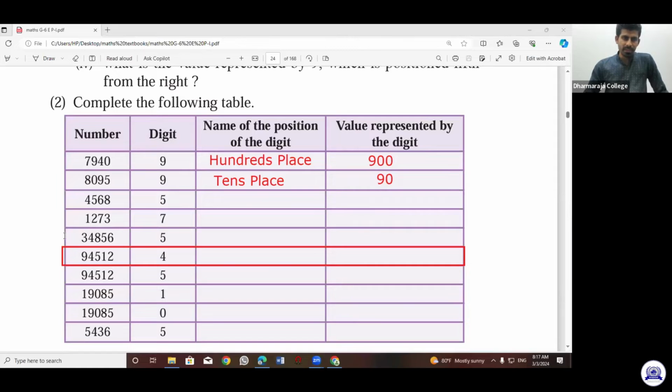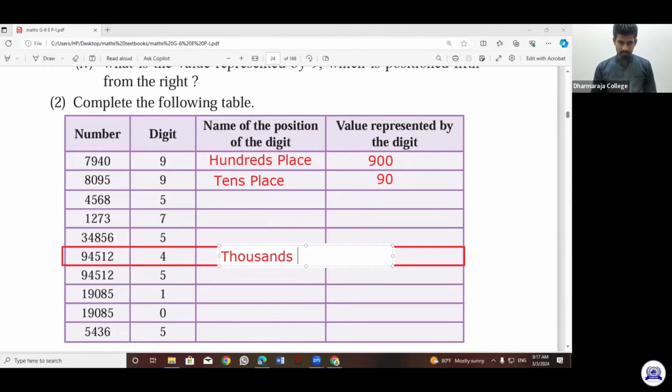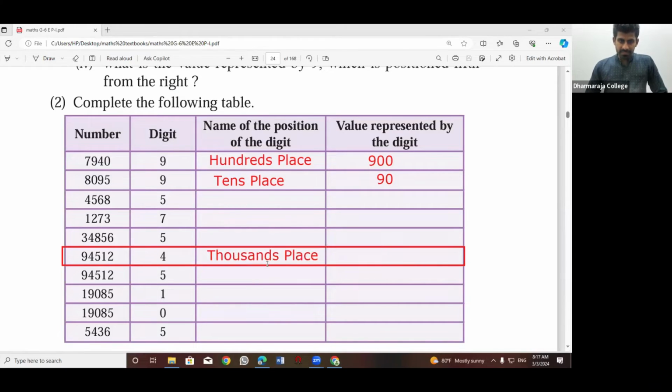Right, then what is the value? Thousands place. Then 4 into 1,000. What is the value represented by the digit 4? Thousands place, that means 4,000.